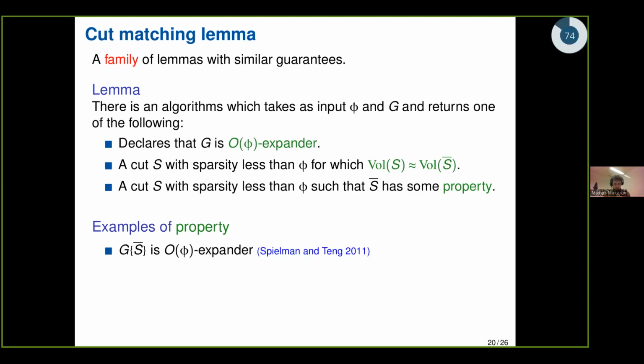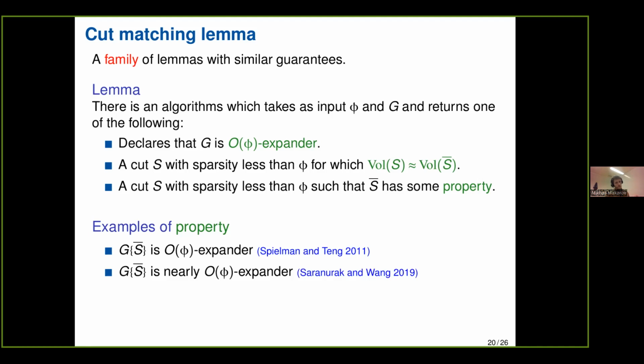The strongest one that people can get if they apply this cut matching lemma approach to a graph in a classical model is that the bigger side of the cut is an Omega-phi expander. This was shown by Spielman and Teng. And in this case, we can just stop our recursive algorithm at this point, and yes, this would bound the total depth by O(log n).